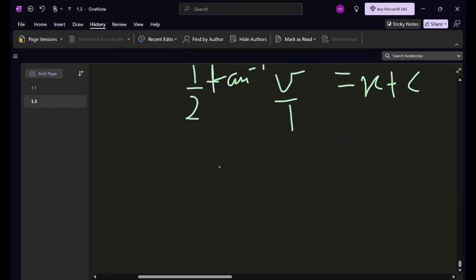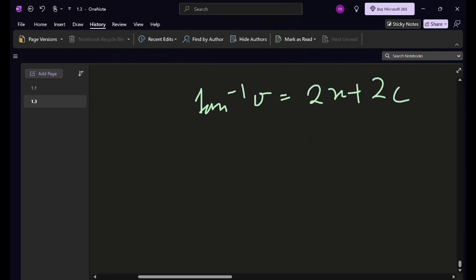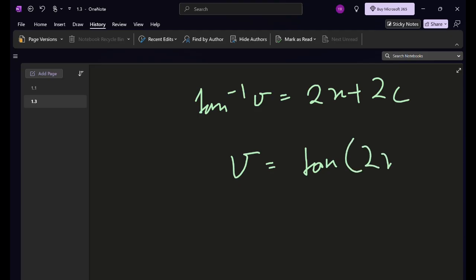And then this can be further written as tan inverse v is equal to x plus c. From here v can be written as tan of (x plus c).